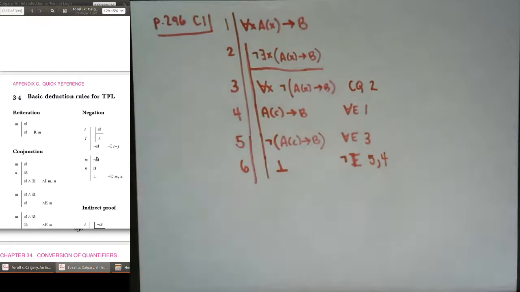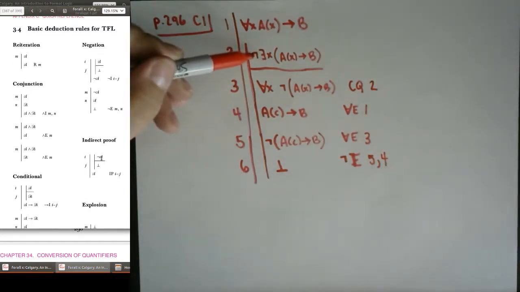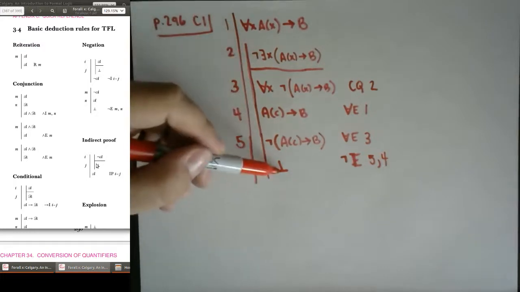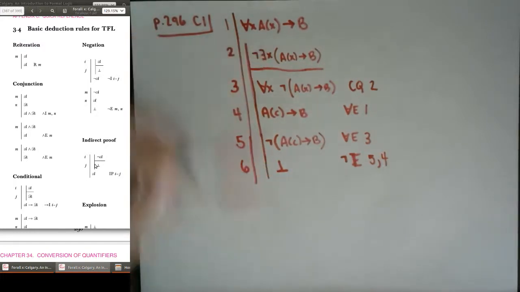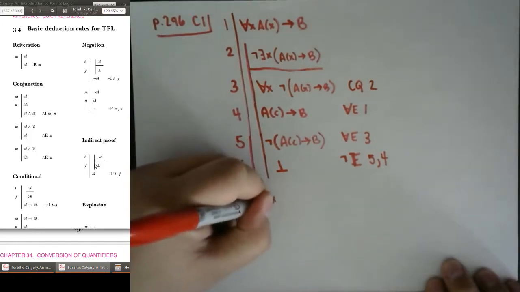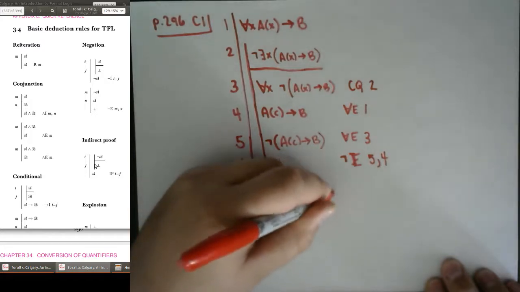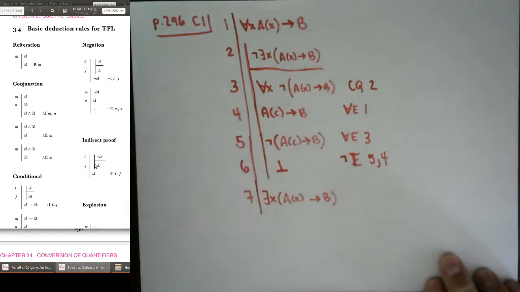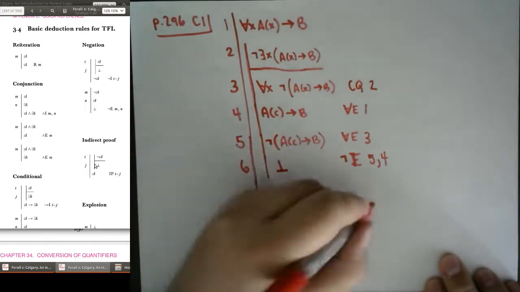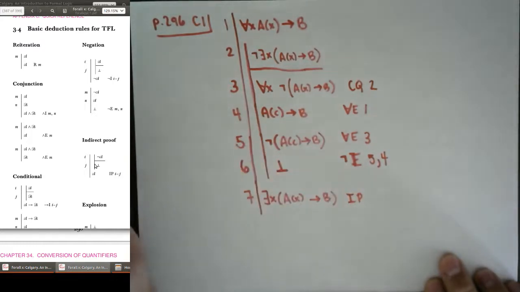Well, according to the IP rule, since I started my subproof with a negation of something and I ended up with a contradiction, then I'm able to conclude the thing that wasn't the negated thing. So I can conclude there exists x, Ax implies B. That's line 7, and that is IP on the subproof from 2 to 6.